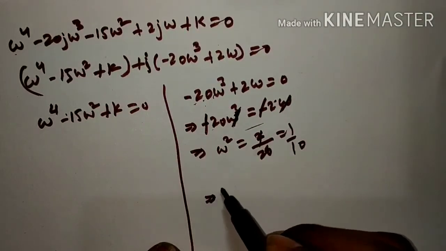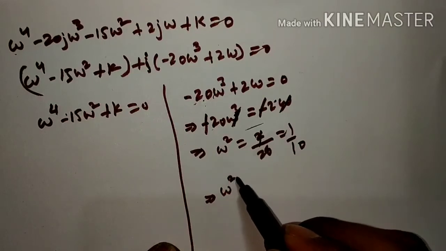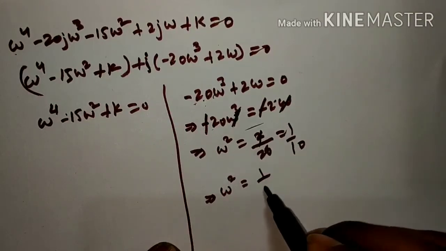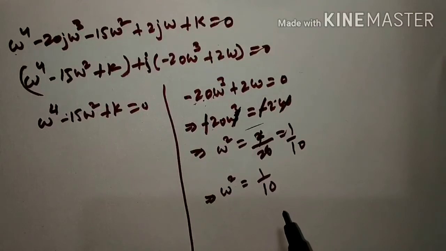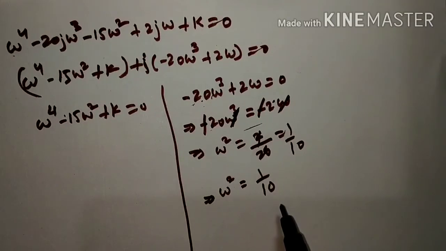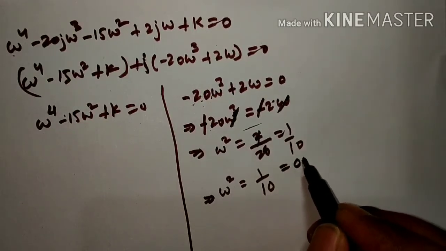So omega^2 is equal to 1 by 10, which is 0.1.